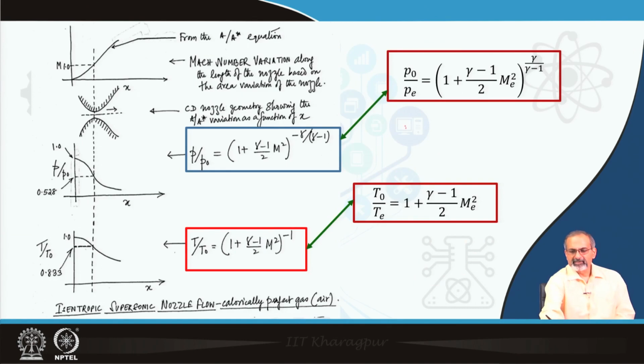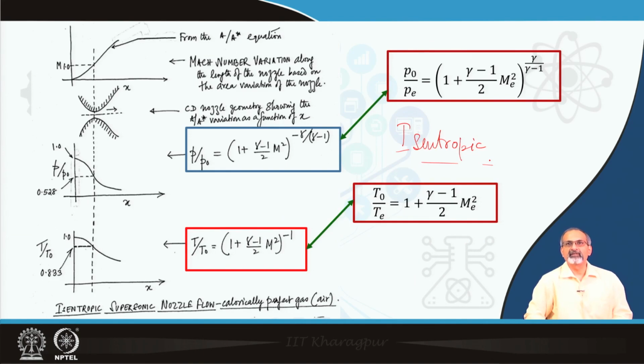We recall that since it is an isentropic expansion of the flow through the CD nozzle, the isentropic relations for pressure and temperature are valid. So, if you look at the pressure ratio, you find that again it is a function of ME and gamma.